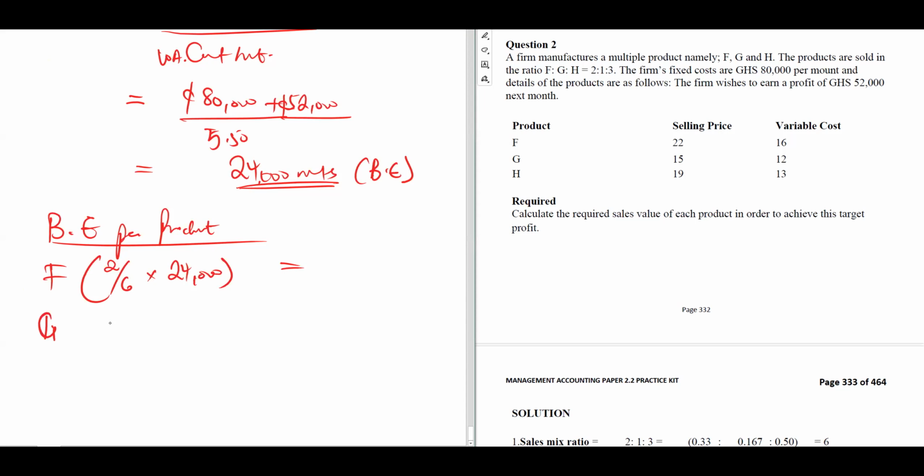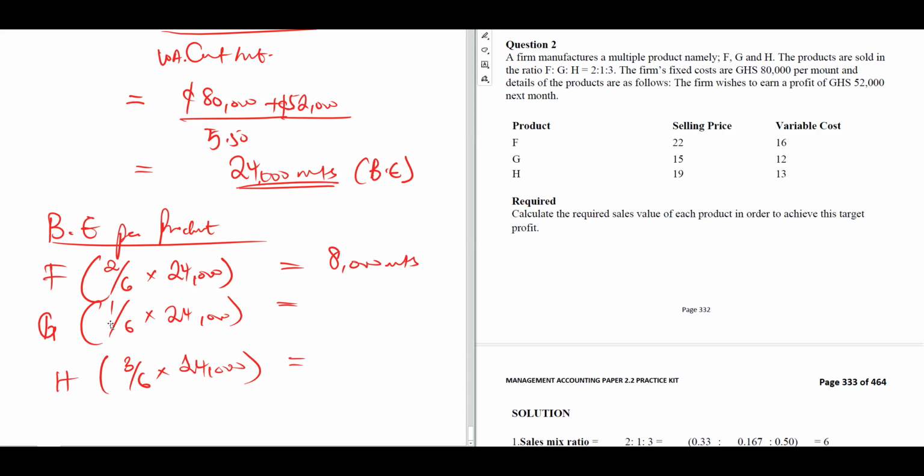For product G, we need 1 out of 6 of the same 24,000 units. For product H, we need 3 out of 6 of the same 24,000 units, to know how much of these products we are producing. So 2 out of 6 by the 24,000 means we need to produce 8,000 units.